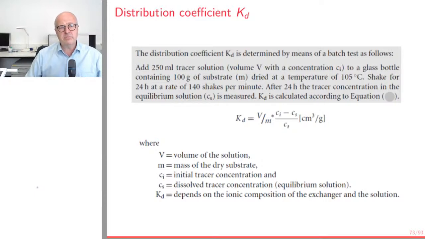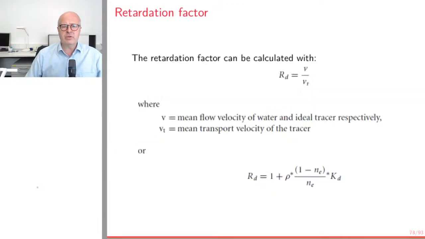So the first part is actually what is on the soil. The second one is what is in the water. This gives you a KD value that tells you how much is stuck on the soil. So 5 means 5 times the amount on the soil.